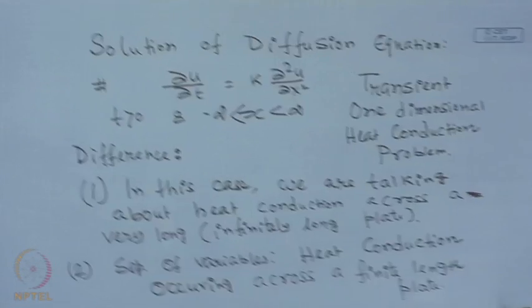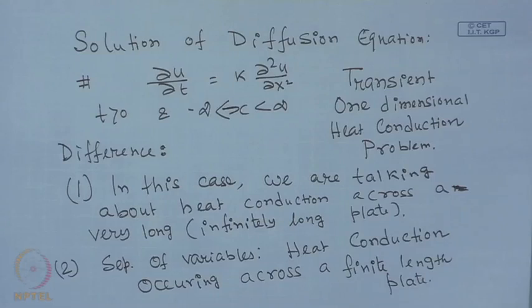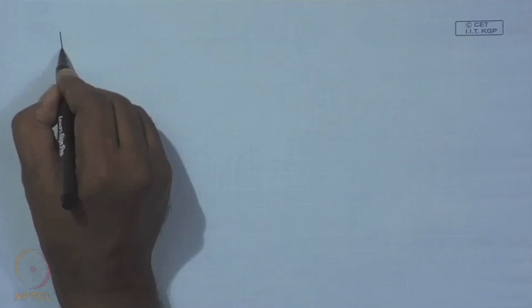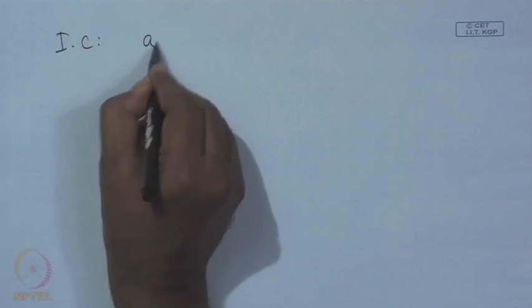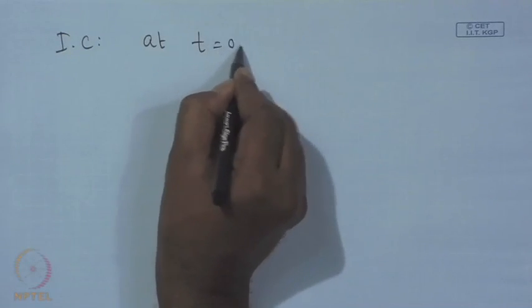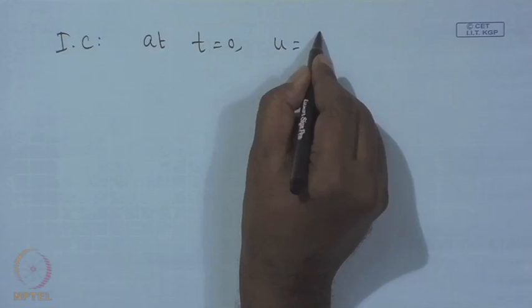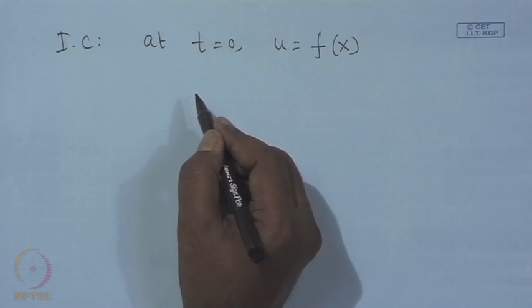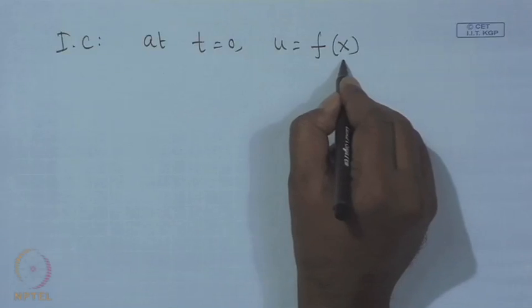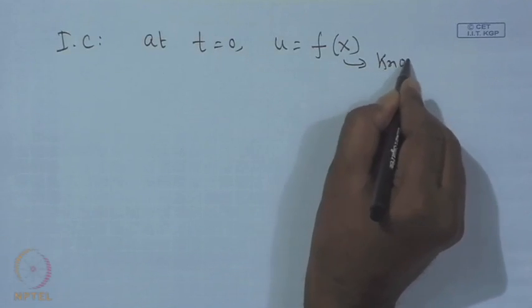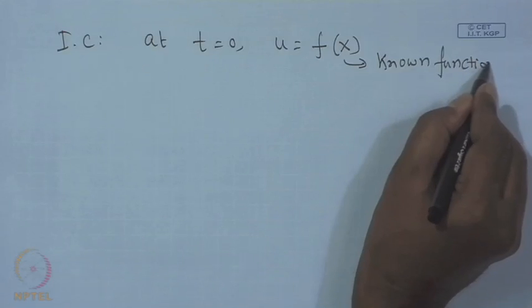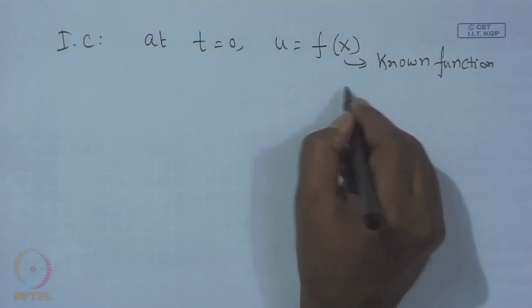Let me write down the boundary condition and initial condition for this problem. The initial condition is at t equal to 0, u is equal to f of x. So, f is a prescribed function, a known function, or it may be a constant as well.